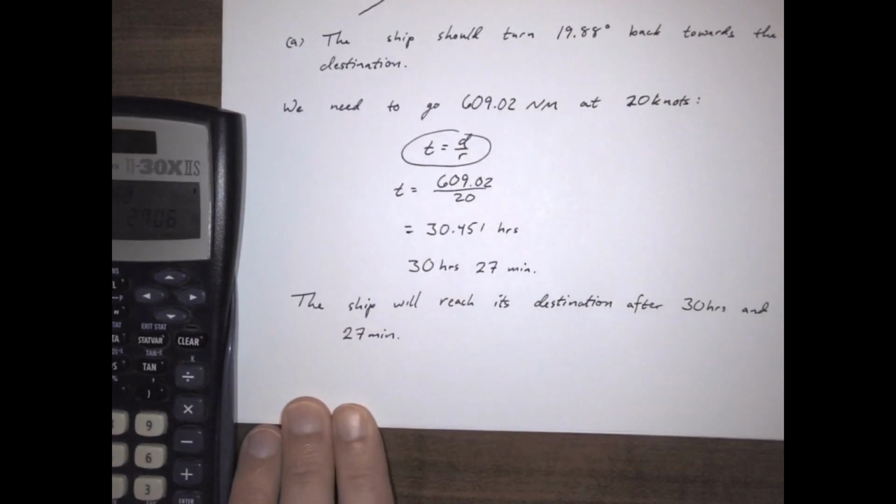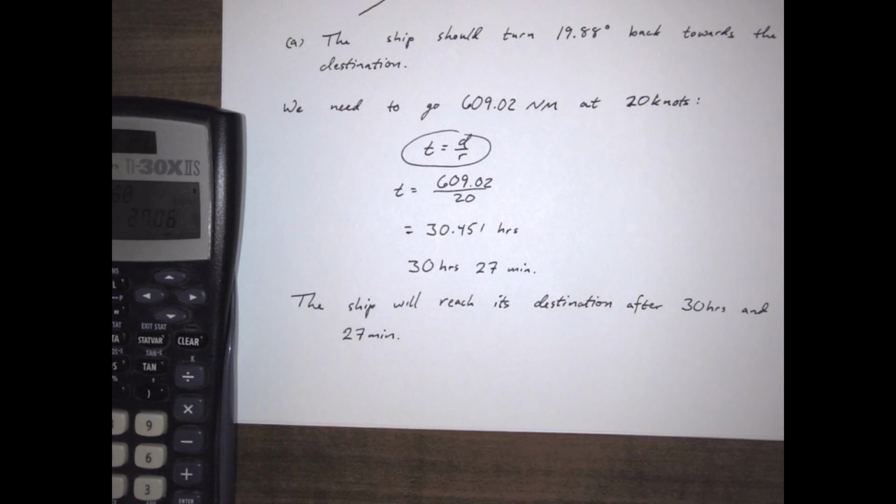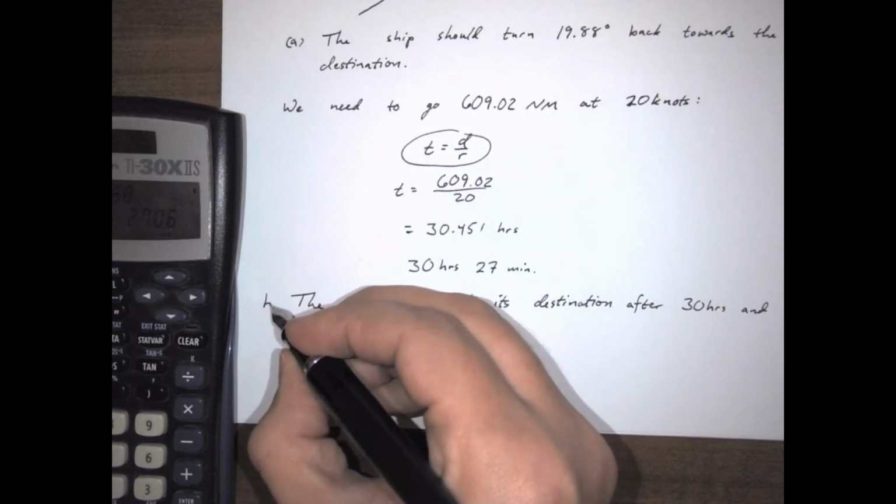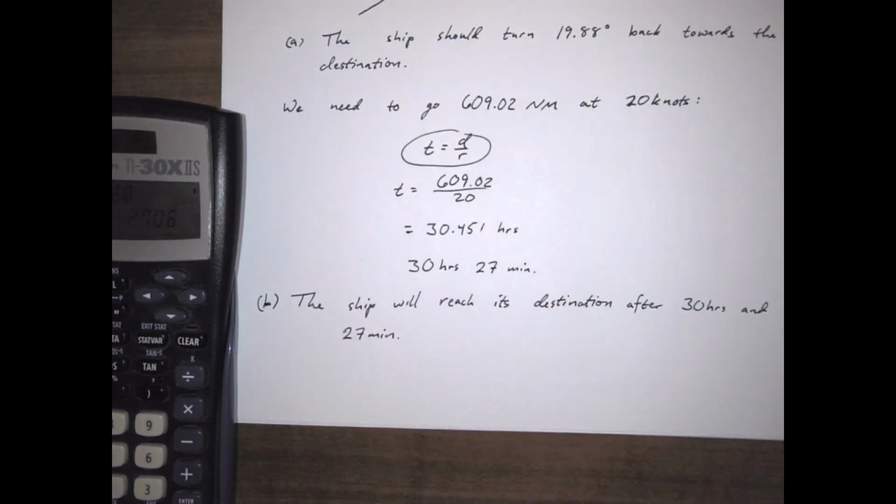And then, just for the record, if it had gone completely straight, that would have been 800 divided by 20, which is 40 hours altogether. So in other words, this is the answer to part B, and so what that means is diverting around the storm like this caused the trip to last an extra 27 minutes.